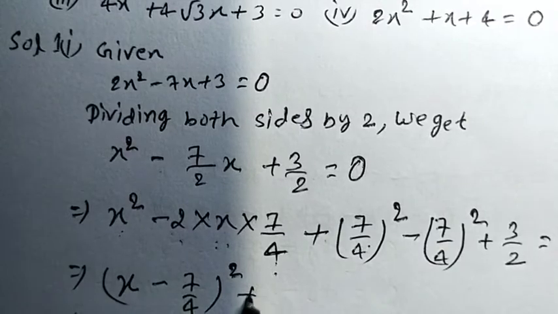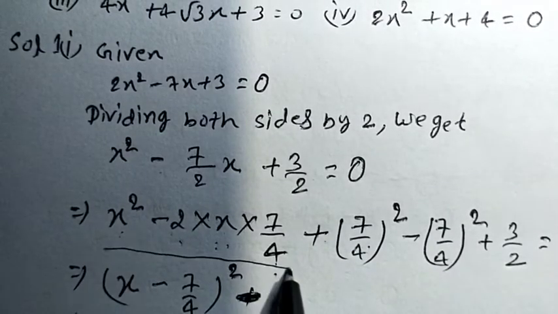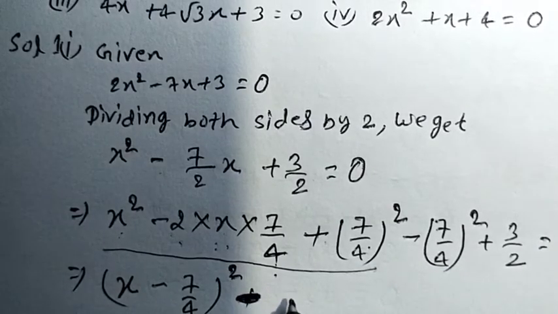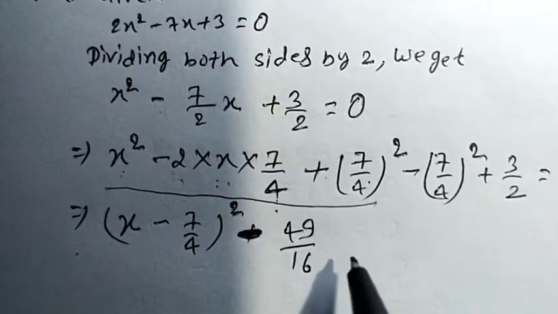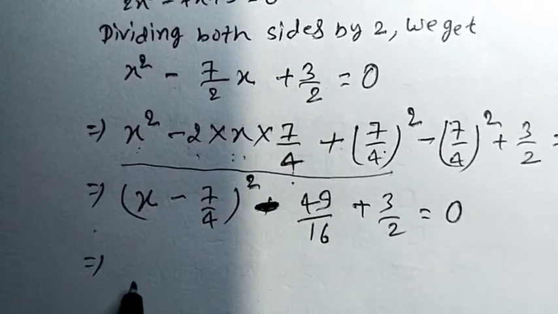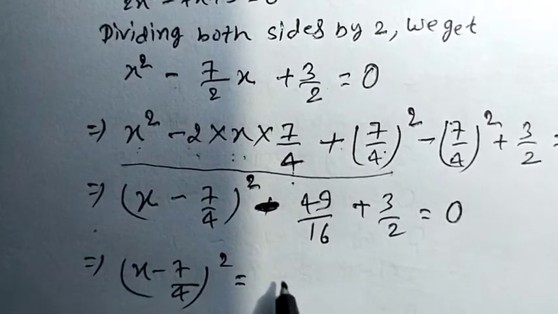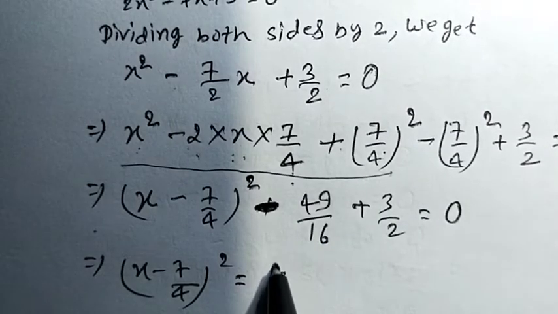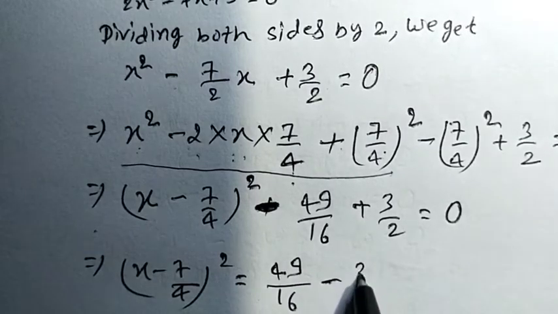We get x minus 7 by 4 the whole square minus 49 by 16 plus 3 by 2 is equal to 0. This implies x minus 7 by 4 the whole square is equal to 49 by 16 minus 3 by 2.